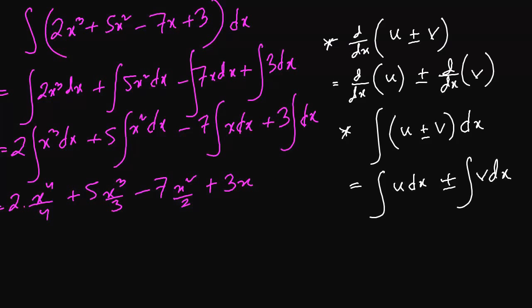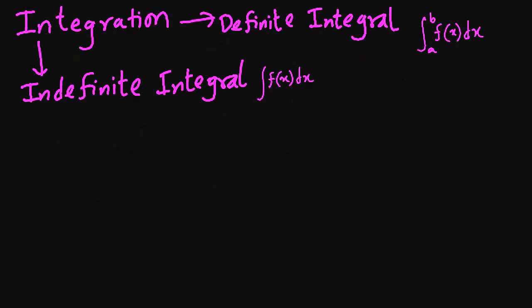It's known as the indefinite integral. Whenever we are integrating, it is either definite integral or indefinite integral. So we have to be very clear about it, and we have to do each of the integrals in a specific way. There are basically two types of integration: definite integral and indefinite integral.